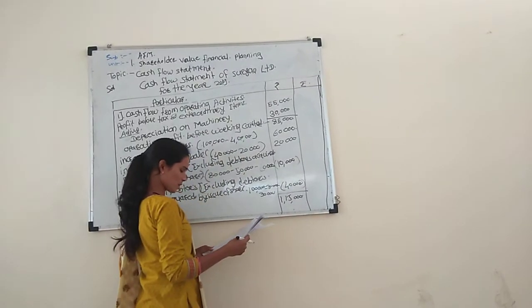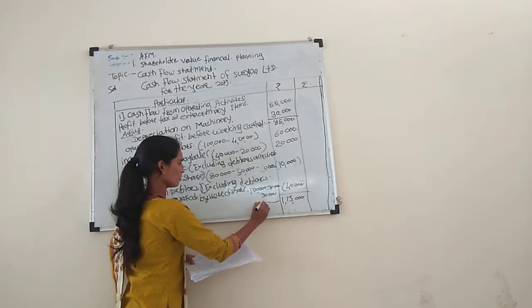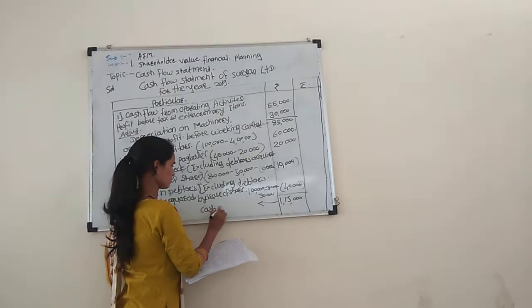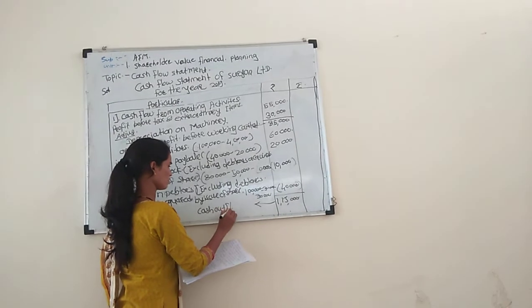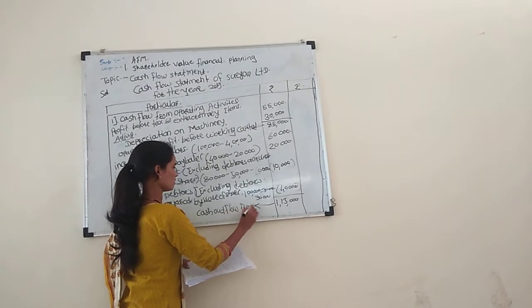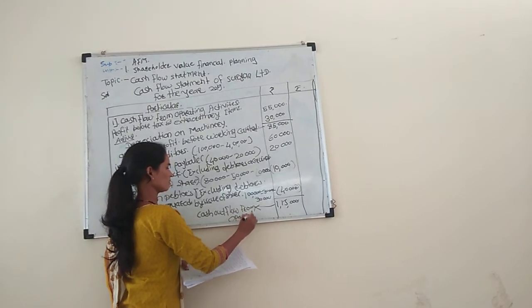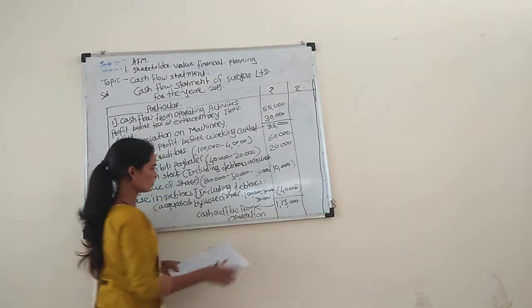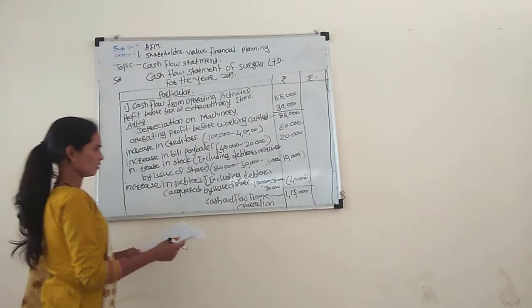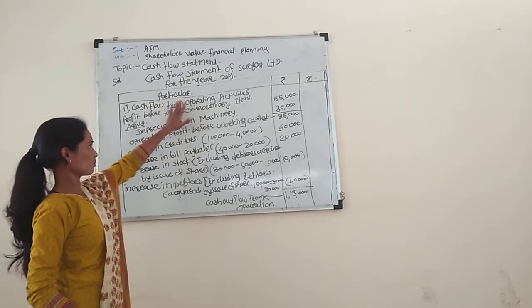This is a cash outflow from operation. Show the first one, cash flow from operating activity.